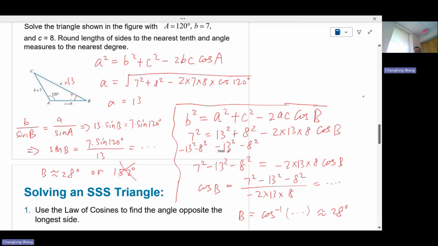Okay. And there's no ambiguity with the cosine, thanks to the range of the inverse cosine. A quick check, see if you remember. If you don't, that's fine. What is the range of inverse cosine?